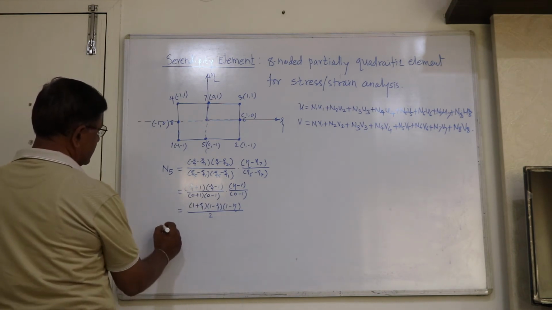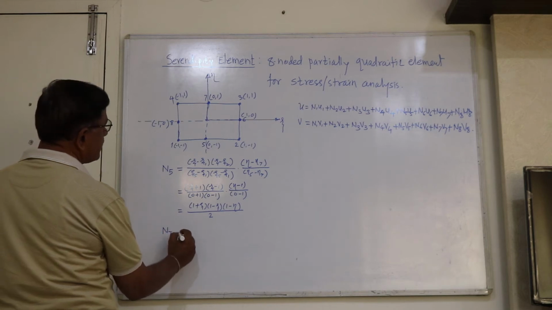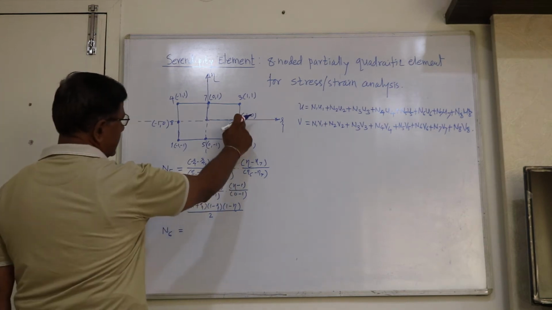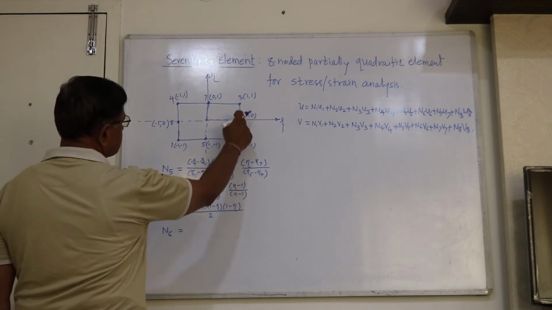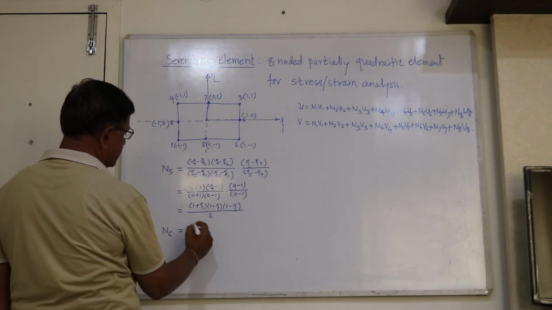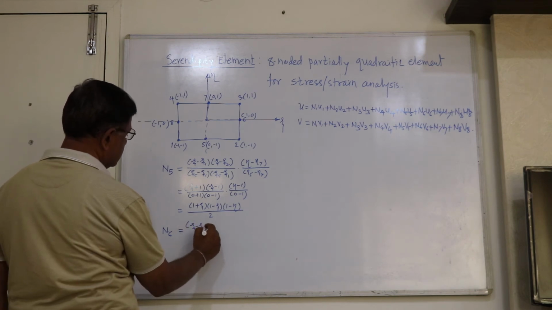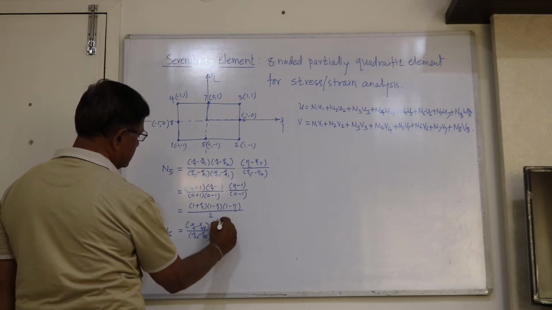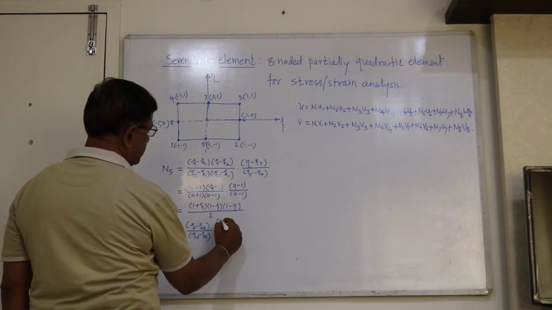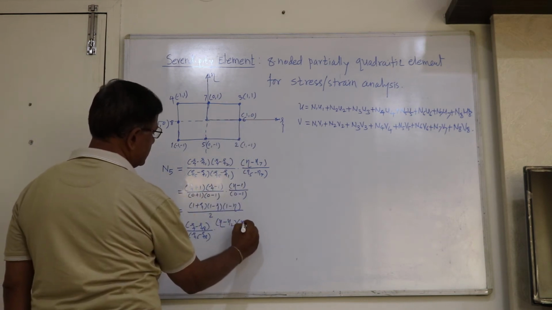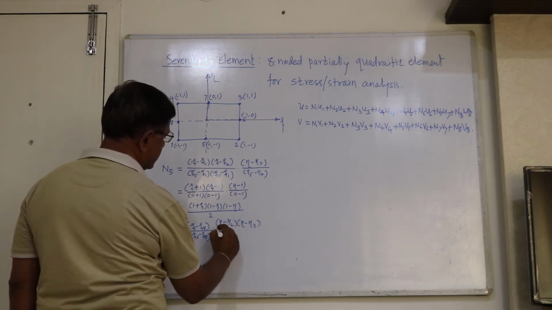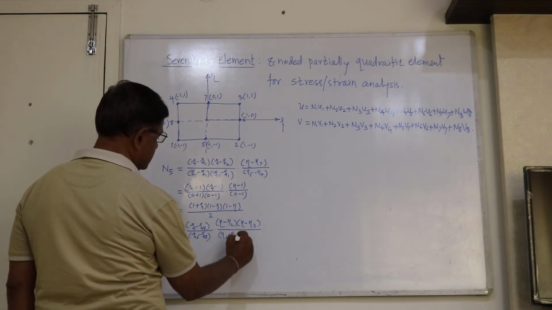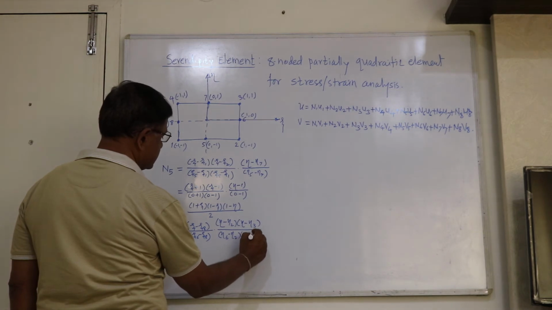So let's derive for n6. n6 is equal to, now in xi direction this is xi minus xi8 divided by xi6 minus xi8, into eta minus eta2, eta minus eta3 divided by eta6 minus eta2, eta6 minus eta3.